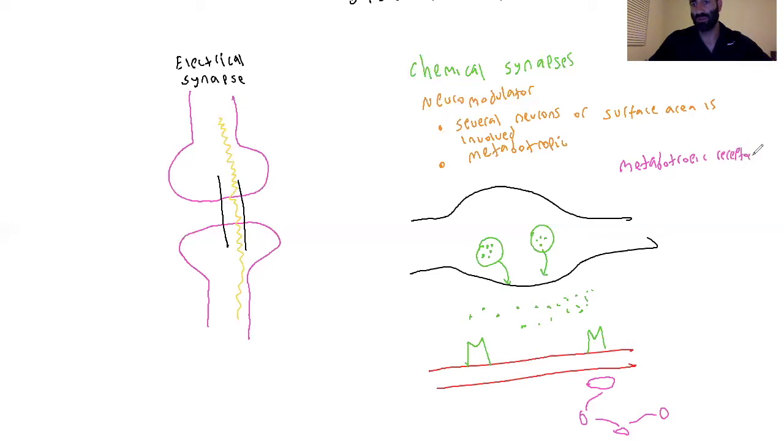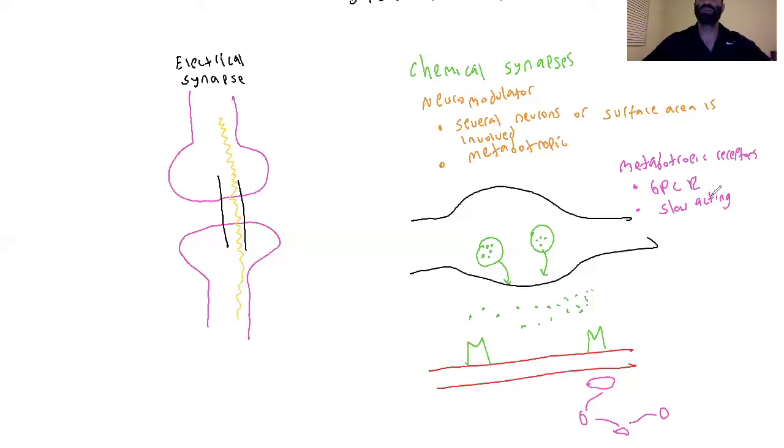Come on, I can fit it. There we go. They are GPCRs, meaning that they have second messenger pathways, and they're also a little bit more slow acting. By slow acting, maybe it takes a couple milliseconds to work instead of microseconds. Still relatively fast compared to our standards, but slow compared to ionotropic receptors.